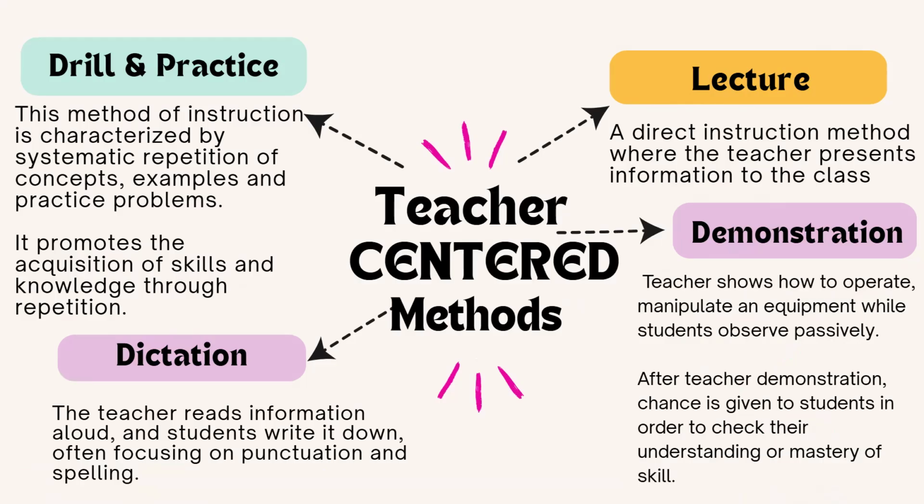I think in most of the cases where the demonstration method is used, the teacher only shows and students are not even given the chance to use it, to touch it, or to perform it, like in science subjects, in chemistry, physics. The entire experiment is just shown to them. They are not asked to perform it. In some of the schools, it is still being practiced.